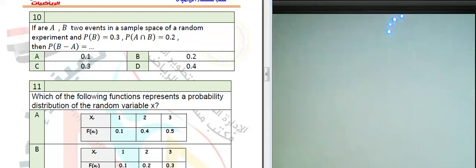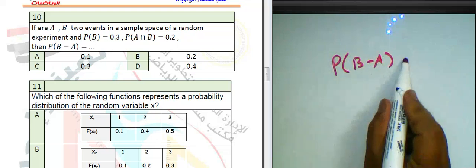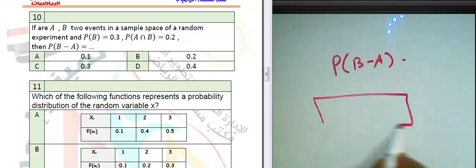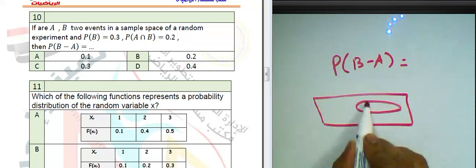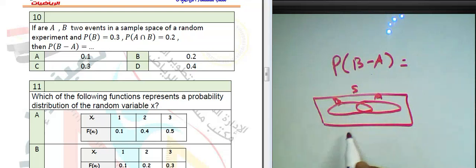You can find probability of B difference A by using a Venn diagram here. We have here A and B, and here is the space.